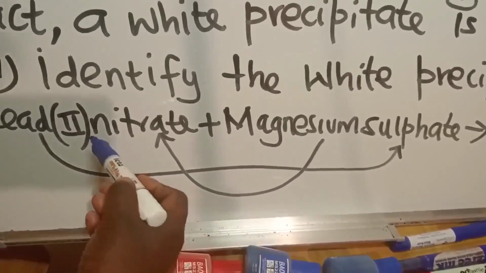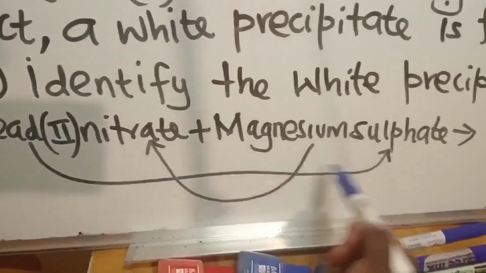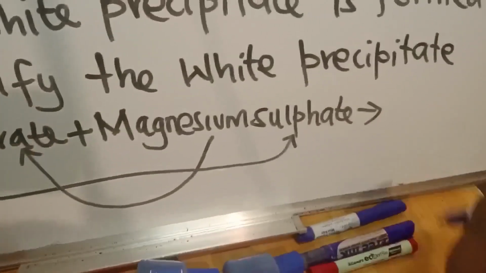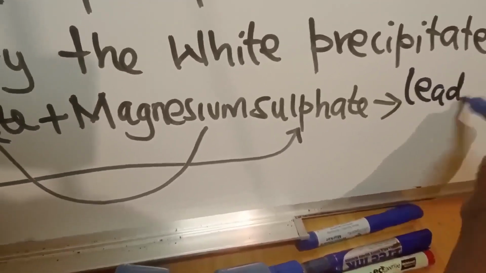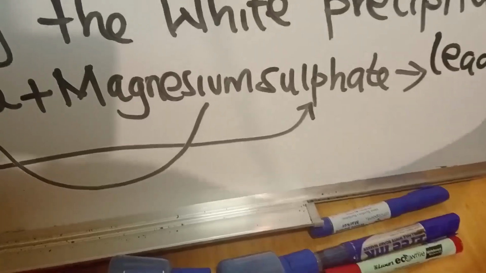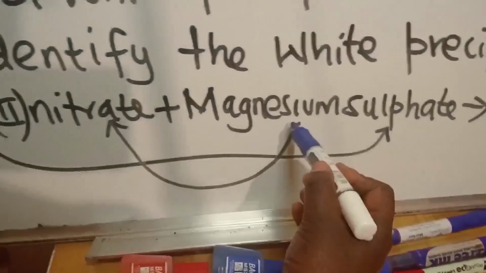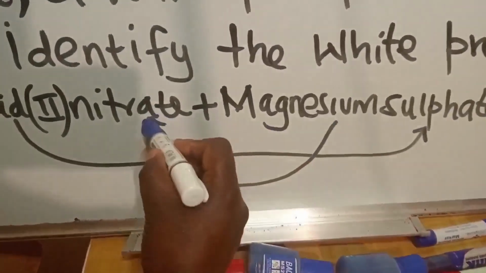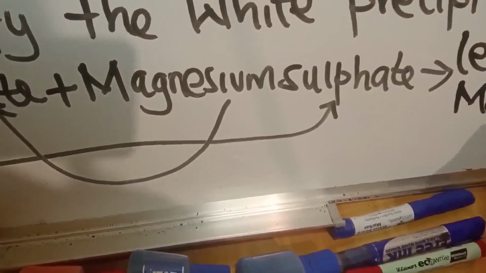So from the reactants, we get lead taking the sulfate, so one of the products will be lead 2 sulfate, plus magnesium will be taking the nitrate, so plus magnesium nitrate.